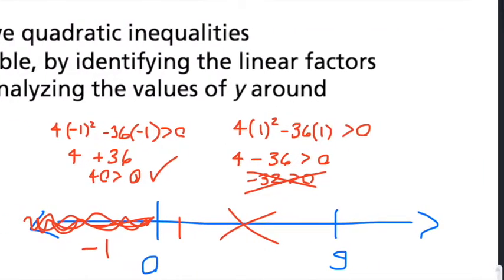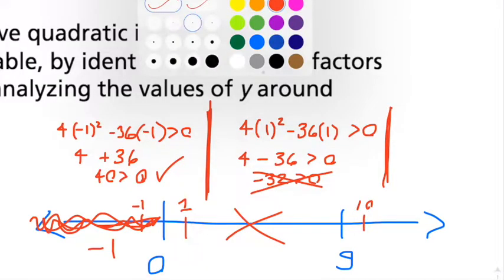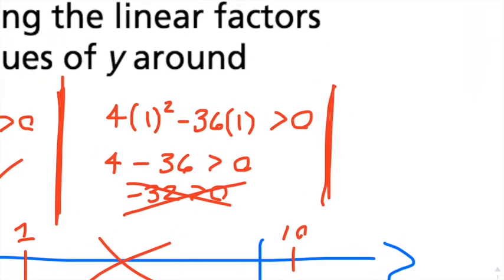Okay, and then after that, we need to test a number past 9. I'm going to do 10 and see if that works. Sometimes people label on the number line what they're testing. You don't need to, but let's go ahead and do that. I'll do it in different colors since I'm crammed in here. So that'd be 4 times 10 squared, and then minus 36 times 10.